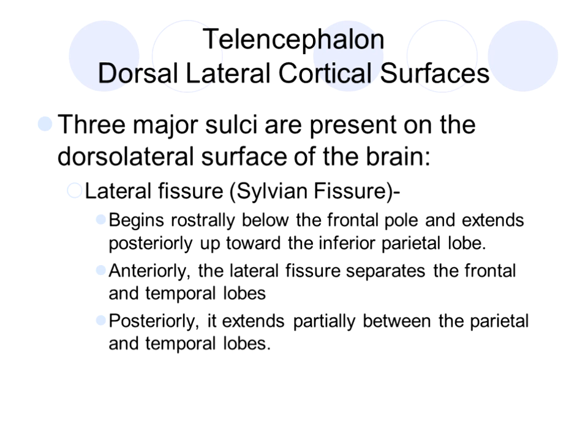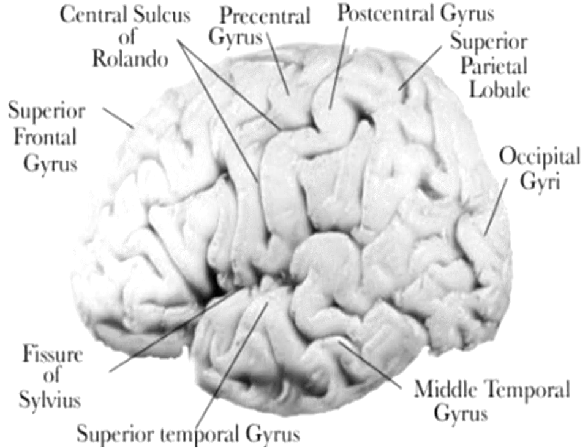It begins rostrally, meaning towards the front, below the frontal pole, and extends posteriorly toward the inferior parietal lobe. It separates the frontal and temporal lobes anteriorly, and posteriorly it extends partially between the parietal and temporal lobes.